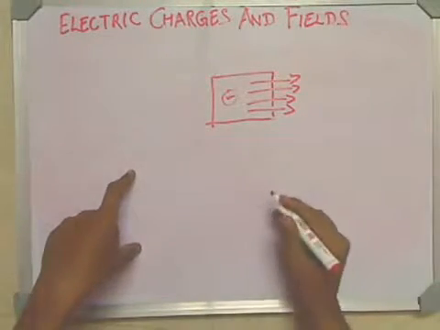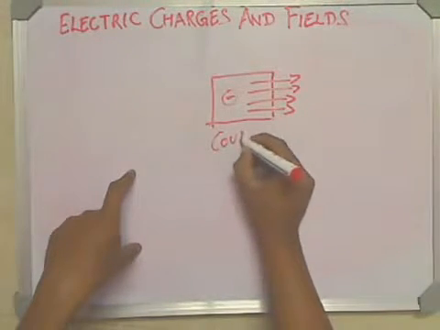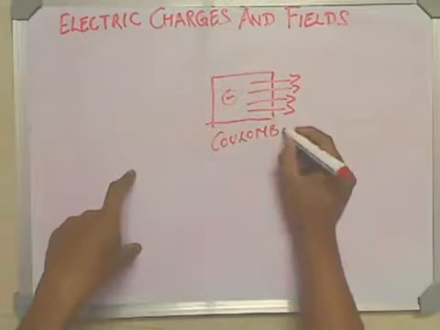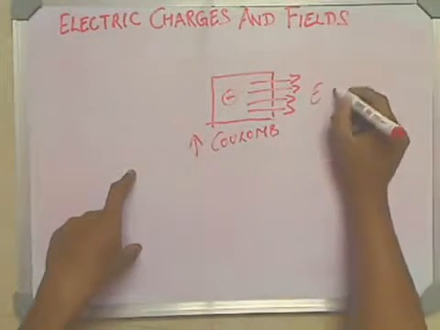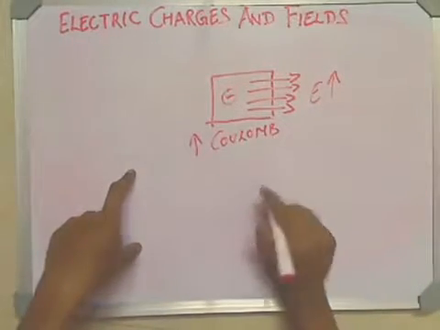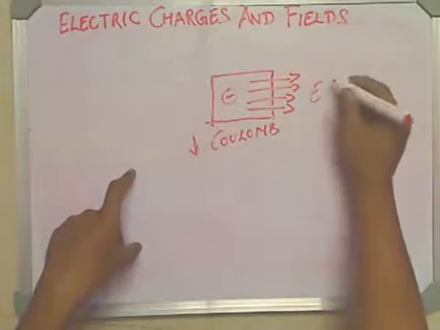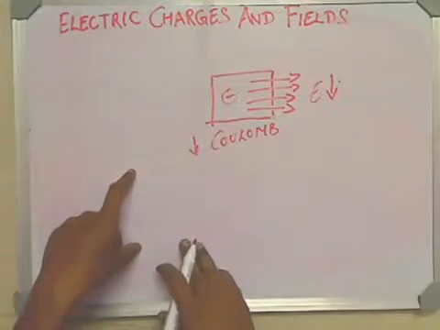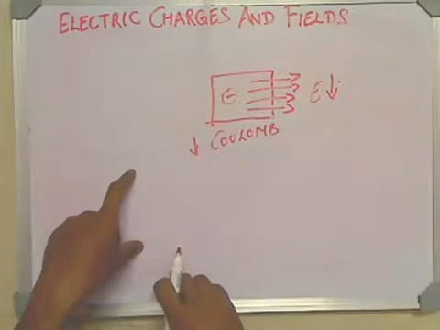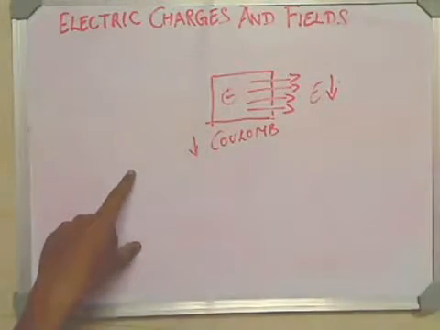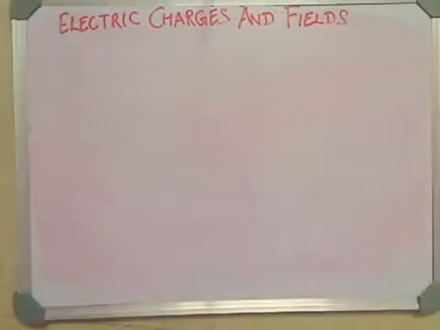If the electron has a high charge, which is measured in coulombs, the electric field happens to be stronger. However, if the charge happens to be weaker, the electric field also becomes weaker. These are some of the fundamental concepts in this unit, and let's move ahead with the problems related to this.